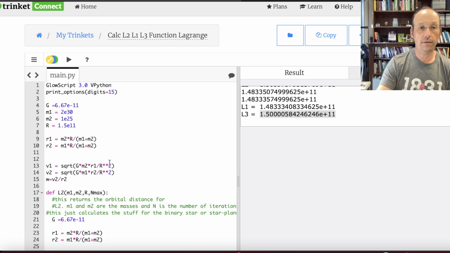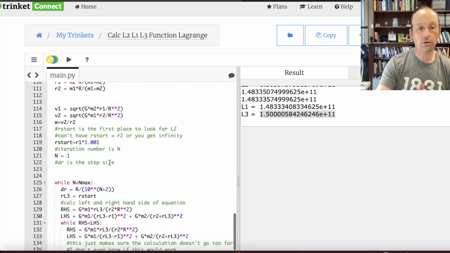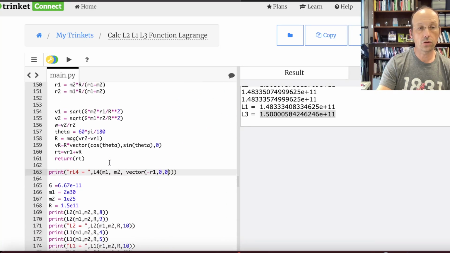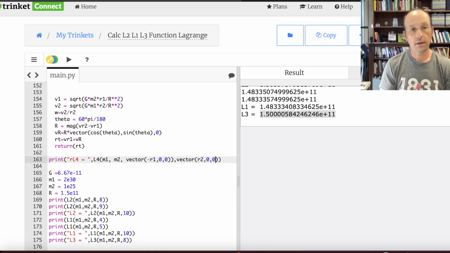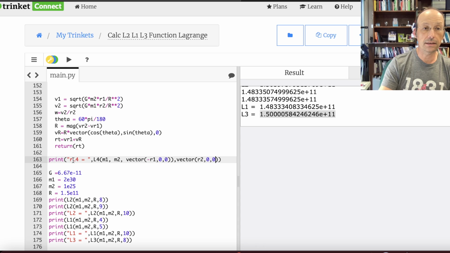Yeah, so there I have it right there. And then the vector location of R2, it's going to be vector R2, 0, 0, because it's on the other side. And let's just see if that prints out the same thing. I don't actually know that it will.